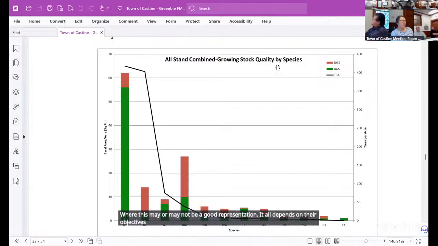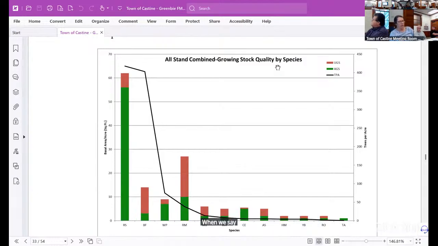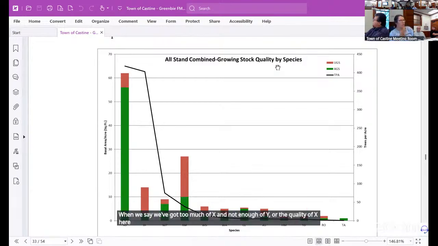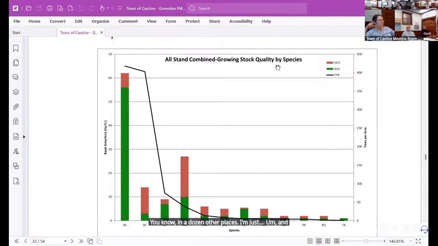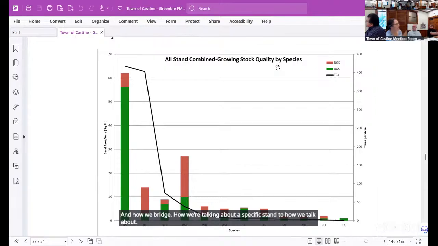Right. No, I appreciate that, but just about when we say we've got too much of X and not enough of Y, or the quality of X here is not so good, but we've got really good quality of X in a dozen other places, I'm just interested in how we bridge how we're talking about a specific stand to how we talk about what we have all across.